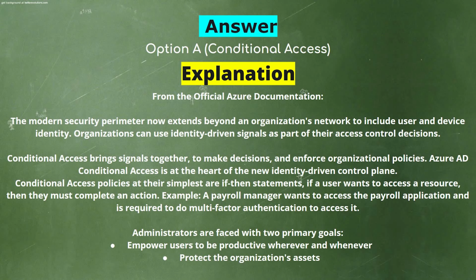Conditional access policies at their simplest are if-then statements. If a user wants to access a resource, then they must complete an action. Example. A payroll manager wants to access the payroll application and is required to do multi-factor authentication to access it. Administrators are faced with two primary goals. Number 1, empower users to be productive wherever and whenever. Number 2, protect the organization's assets.